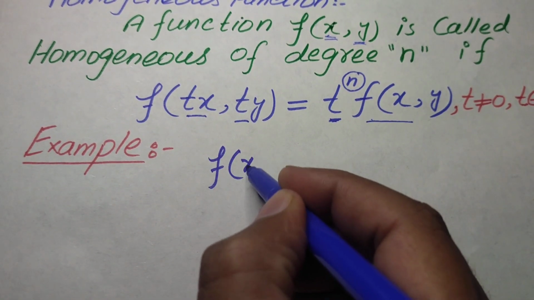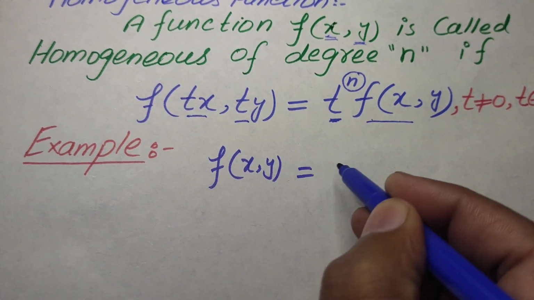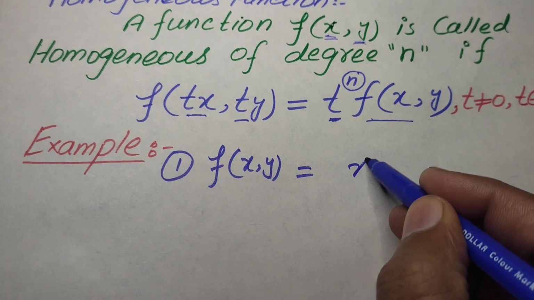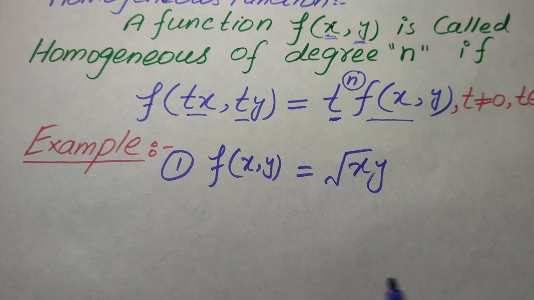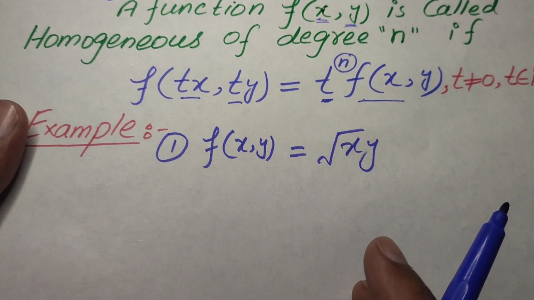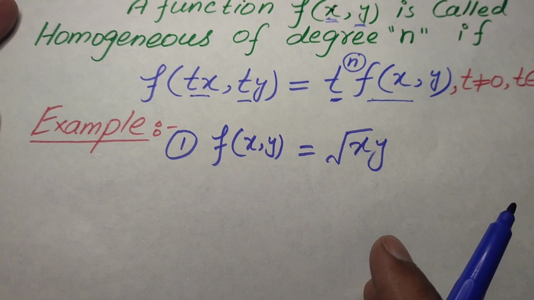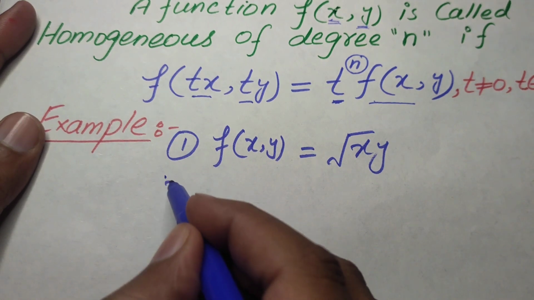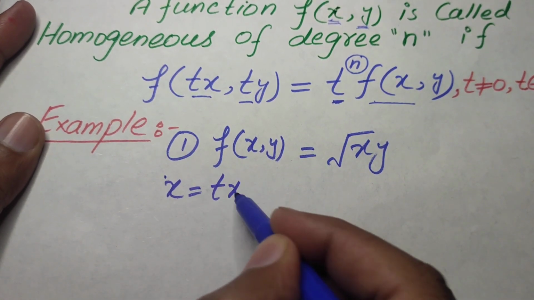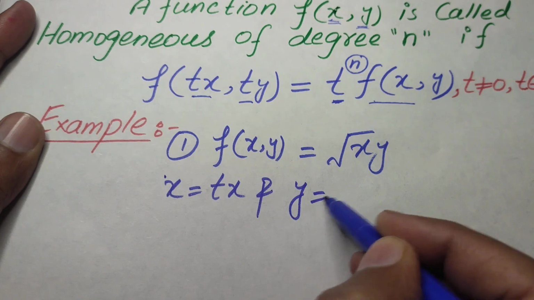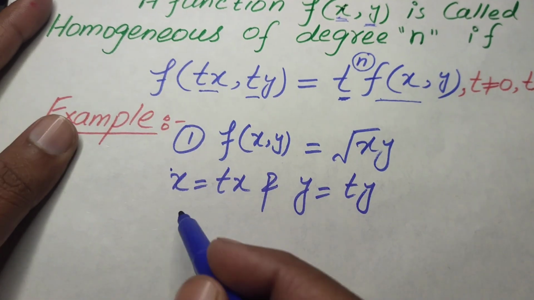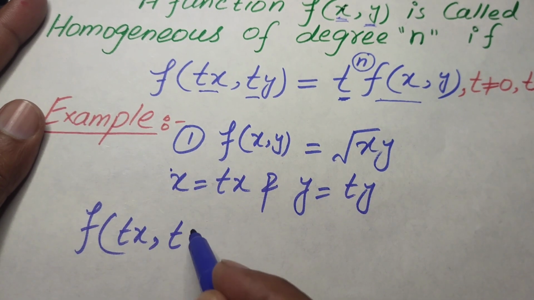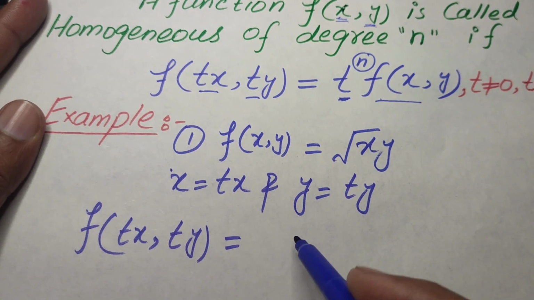If we have the function f(x, y) equal to, example number 1, the square root of xy. Here we can check whether this function is homogeneous or not, and what its degree is. In order to check this, we will replace x by tx and y by ty, and we will get the new function in this form. f(tx, ty) is equal to this.